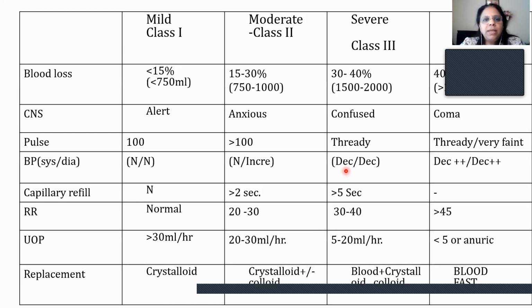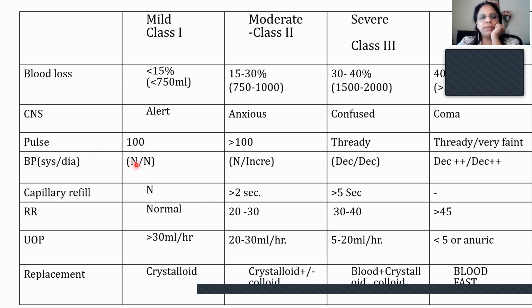Okay. So in hemorrhage, and we discussed this very much yesterday, let me reiterate again. For the CNS, the patient is alert with a 15% loss, say Shehan, who is 70 kilos, a healthy boy. The CNS is alert, and the pulse is about 100, or rather less than 100, right?